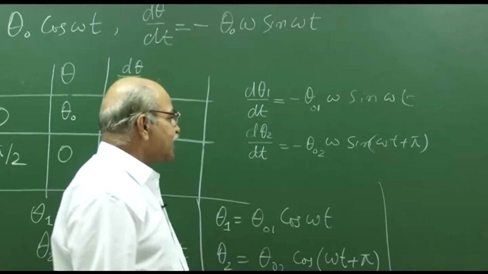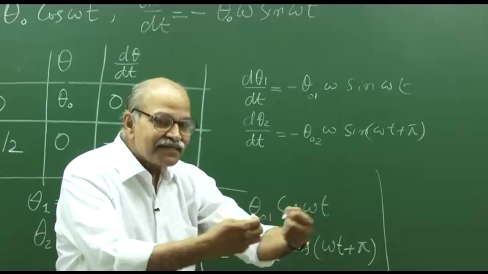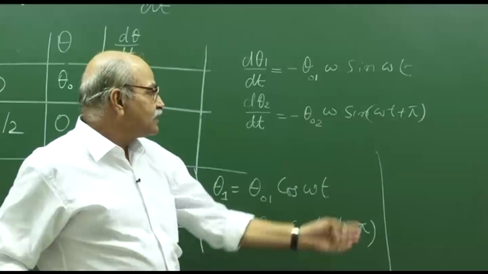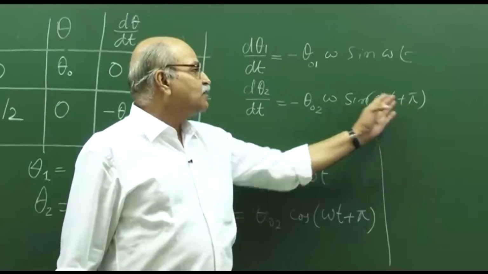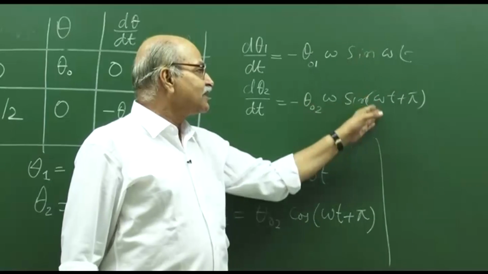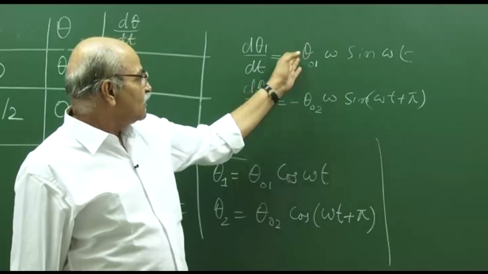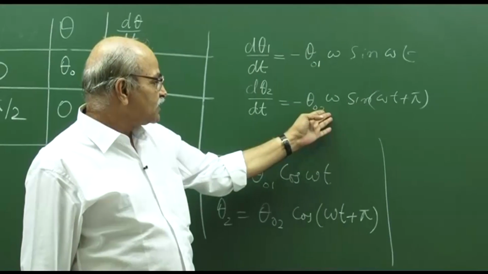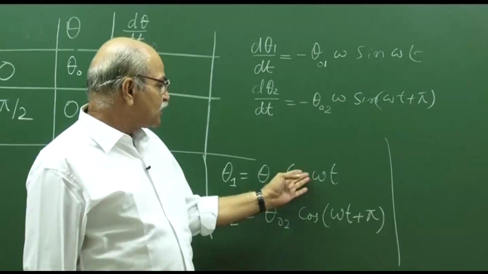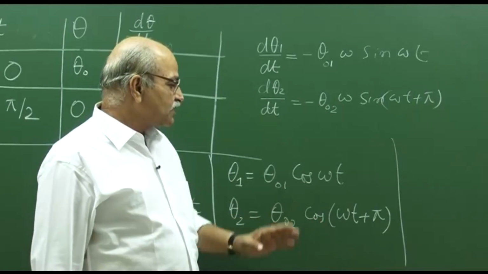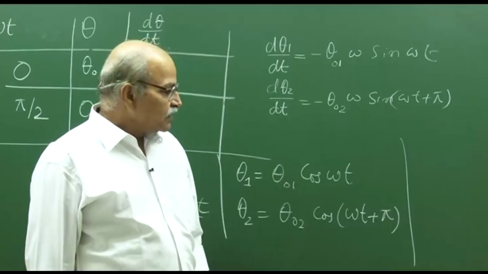So this also takes care of the different directions of velocities. Sin omega t plus pi is minus of sin omega t, so it is negative of that. So one velocity is positive, another velocity is negative. When one position is positive, another position is negative.